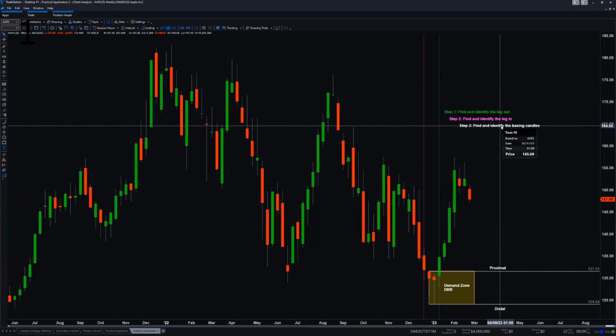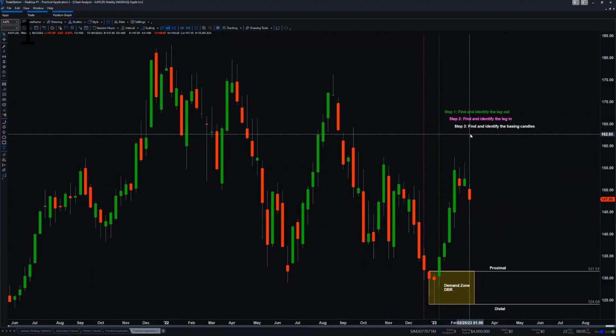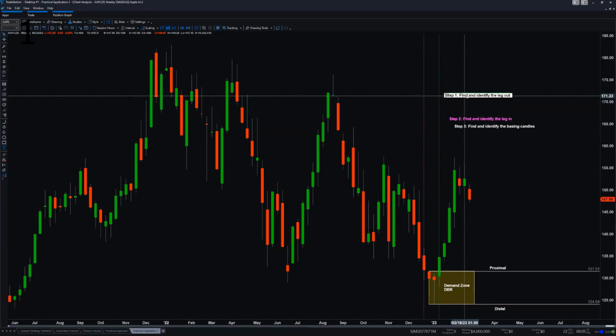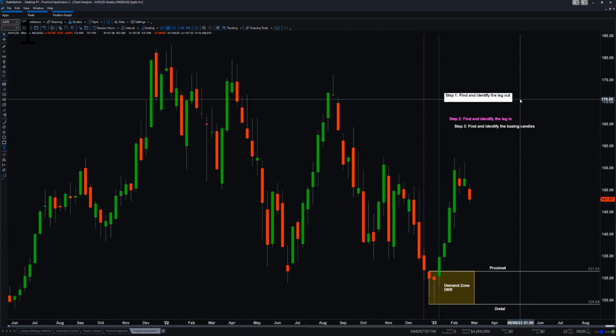Within all of these steps, we have our rules within our rule cards. Let's talk about step one for a second. What's the most important thing of step one, find and identify the leg out? Well, the most important thing is that we start at current price, and then we look below current price and to the left.